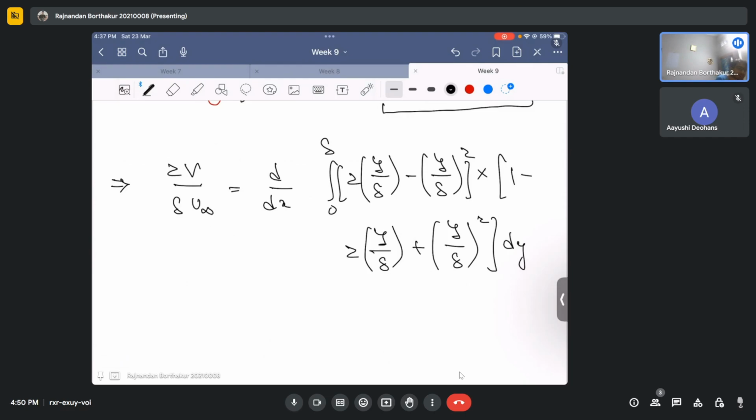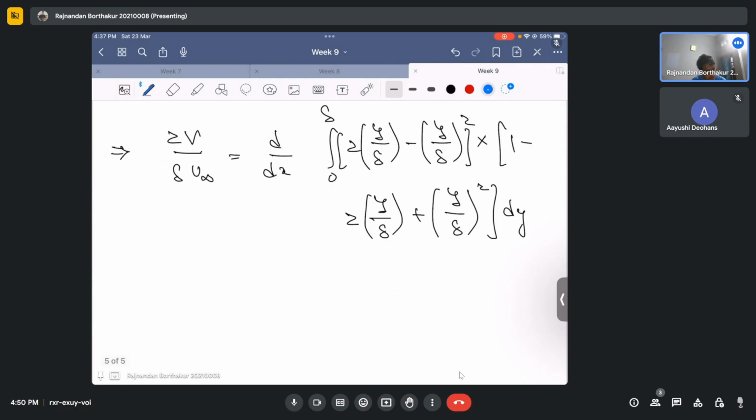Now there is an easy way of doing this integration. You can take y by delta as m, which means dy is just delta times dm, because delta is not a function of y, so any variation in y will not affect delta.